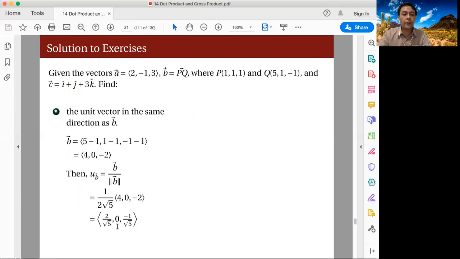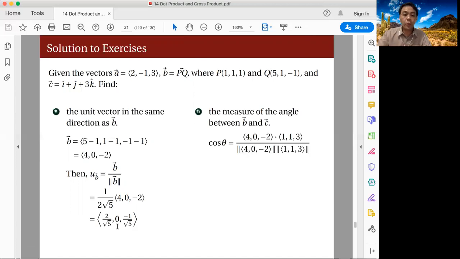Now for the second problem, what is the measure of the angle between the vectors B and C? So for that, we need to determine the cosine. So using the dot product of B and C over the product of their magnitudes, this is what we have. The dot product gives us negative 2.